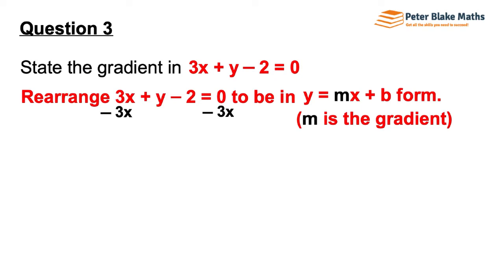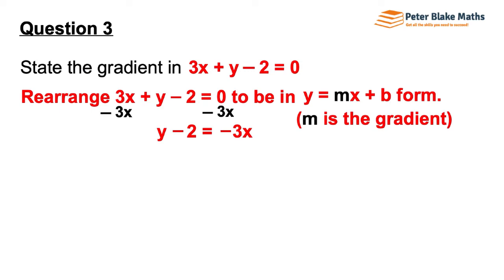We're going to move a positive 3x, so we subtract 3x from both sides. On the left hand side, the 3x and the minus 3x cancel out, leaving us with just the y minus 2 part, and the 3x has become minus 3x on the other side. So 0 minus 3x can be written as minus 3x.